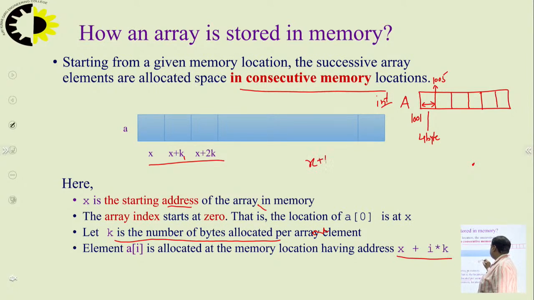x plus i k. So x is the base address, i is the nth element, and k is the size of one element.